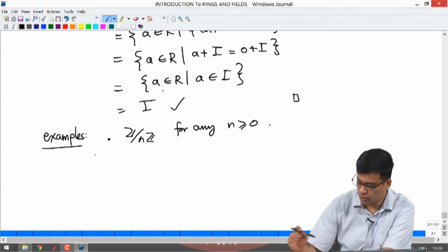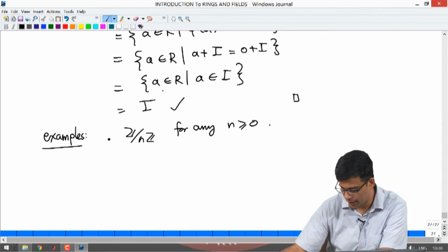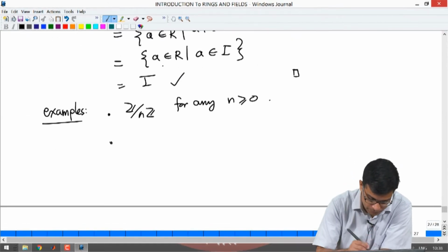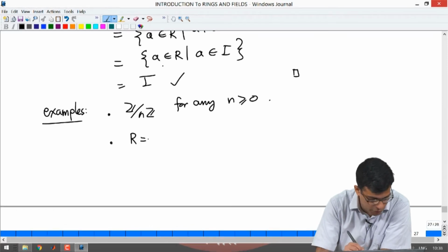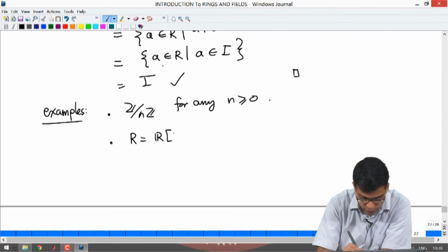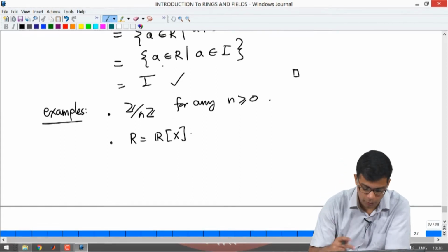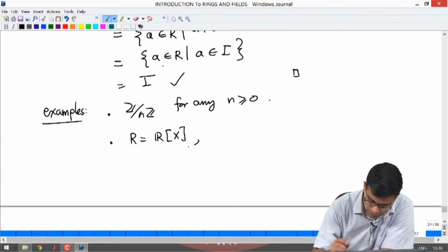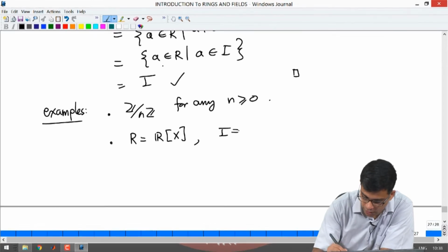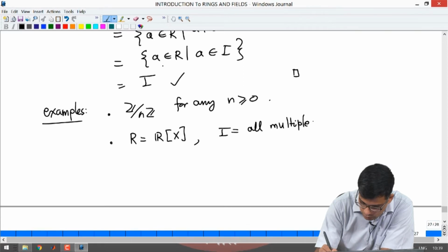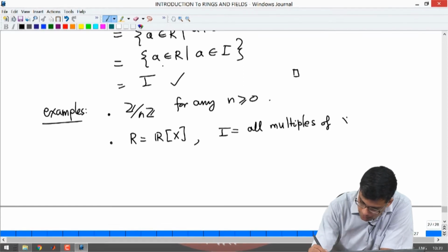Okay. So, let us look at something different, and this will also anticipate something that I want to do next. Let us take R to be the polynomial ring in one variable, and the ideal I to be all multiples of the polynomial x squared plus 1.